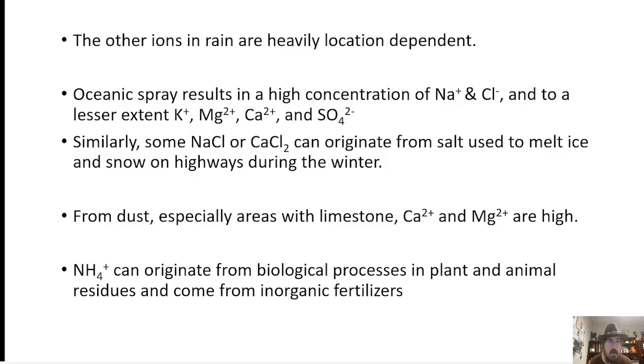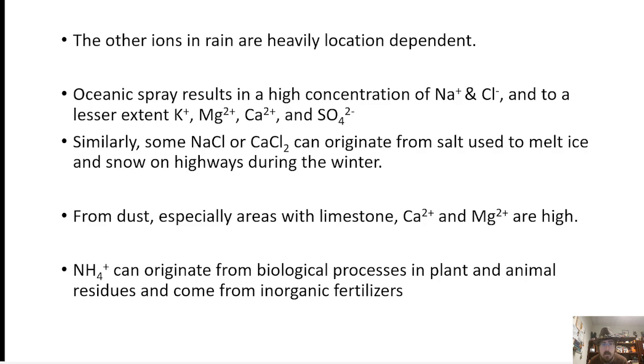Now, other ions that form in the rain will depend heavily on where the rainfall occurs. If you're near an ocean, you're going to have a much higher concentration of sodium and chloride, and to a lesser extent, potassium, magnesium, calcium, and sulfate, the big salts that are present in the ocean.